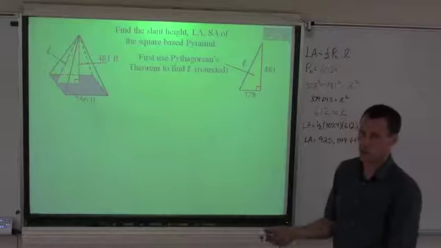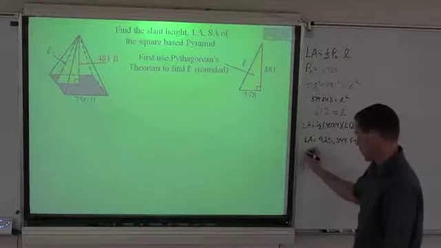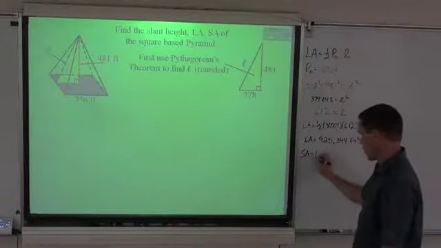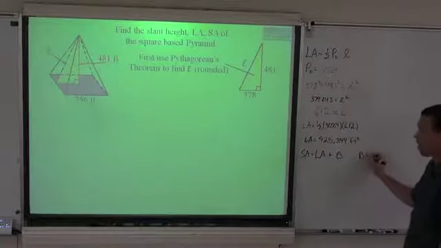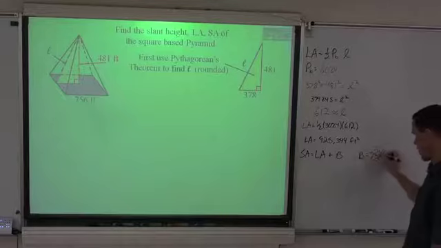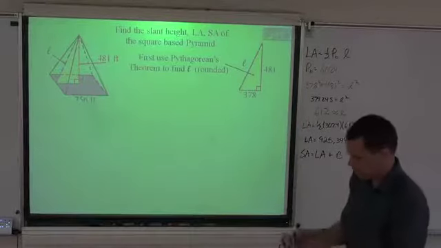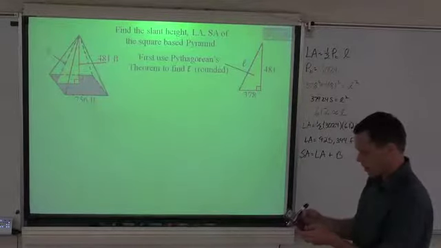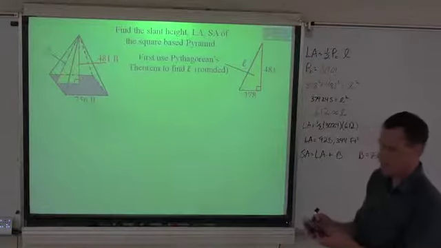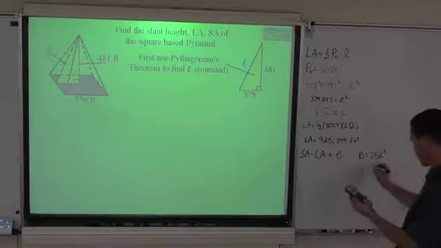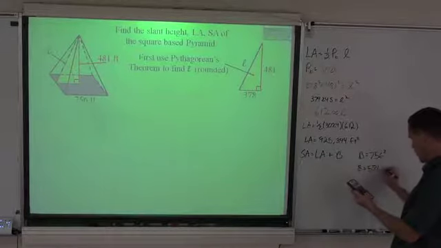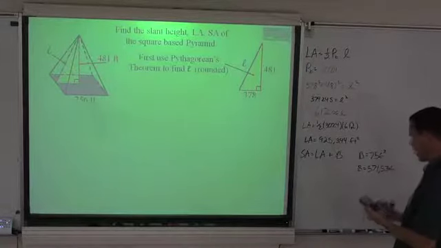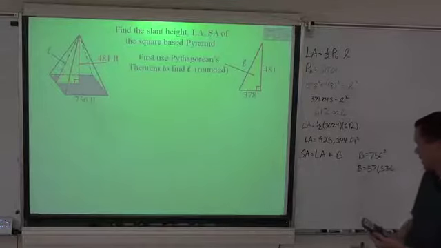Now, if they created a floor for this pyramid, we're going to need the surface area, which takes a base. Well, our base is a square, so 756 squared. If we take 756 squared, we just added another 571,536 square feet of material.